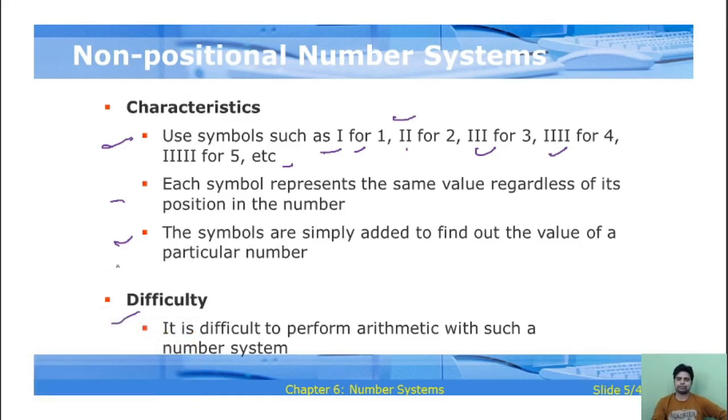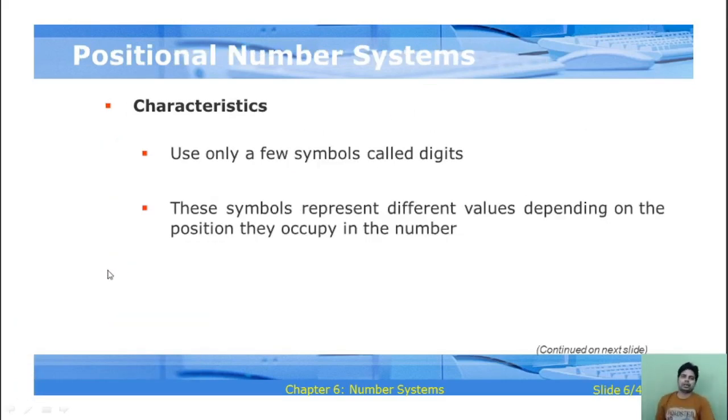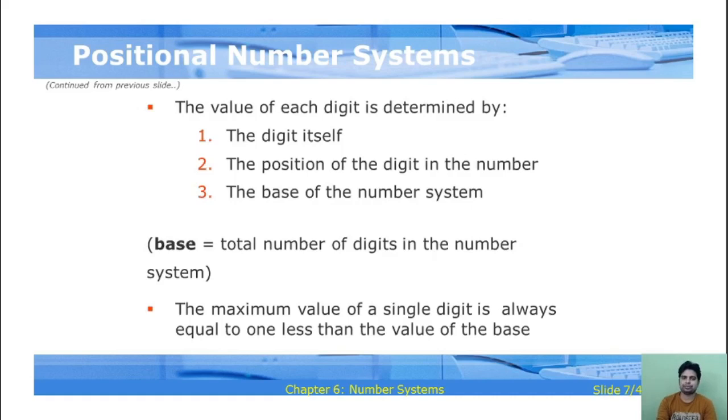Next, the positional number system. The characteristics: it uses only a few symbols called digits, and these symbols represent different values depending on the position they occupy in the number.